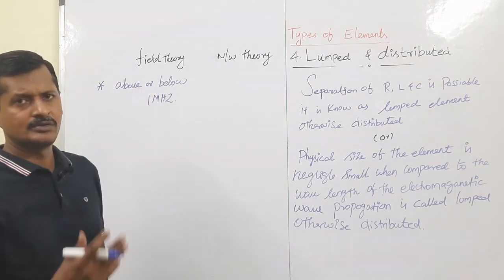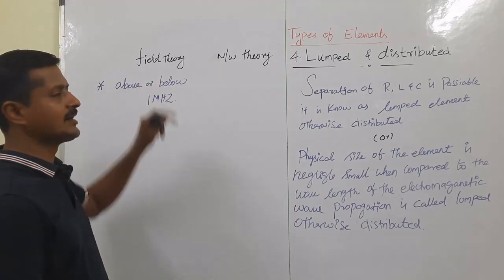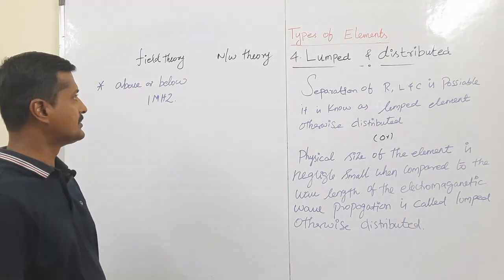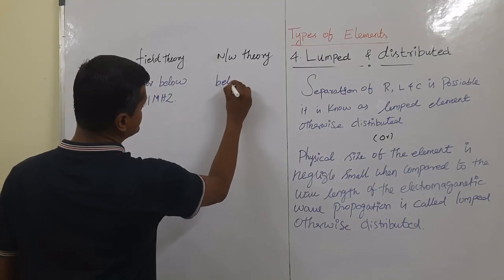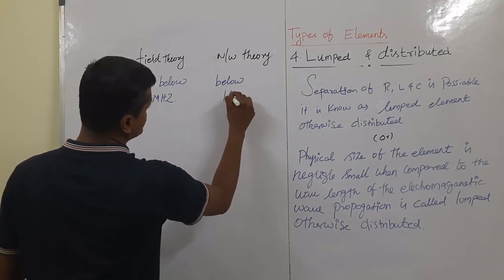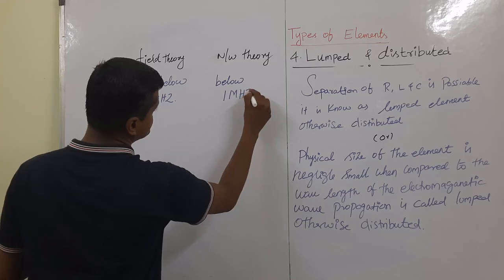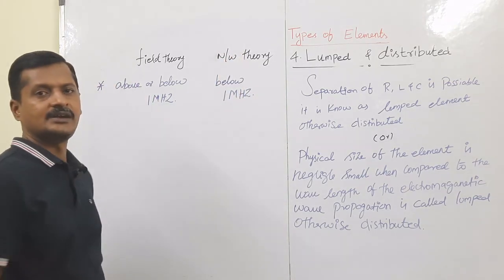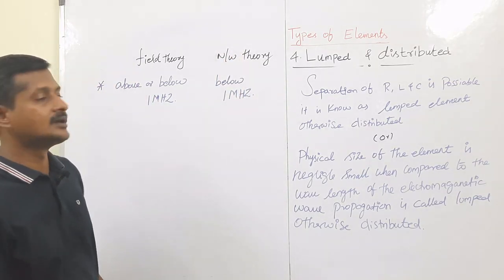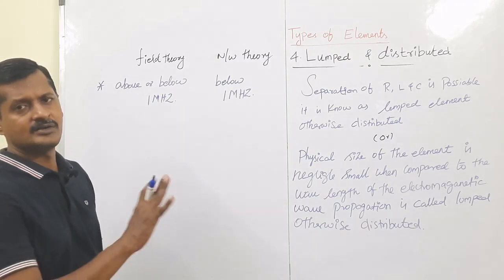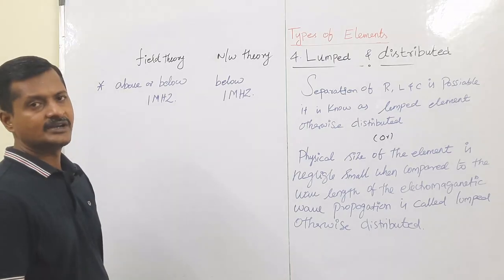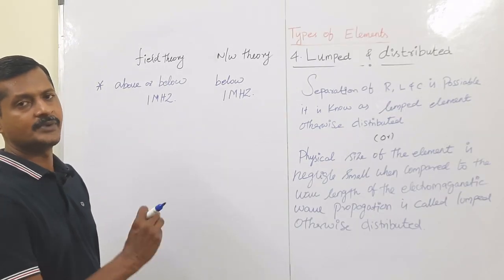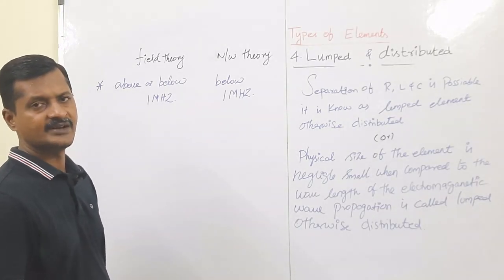Above or below 1 megahertz you can apply field theory, but network theory is applicable only below 1 megahertz. Above 1 megahertz, network theory is not applicable.